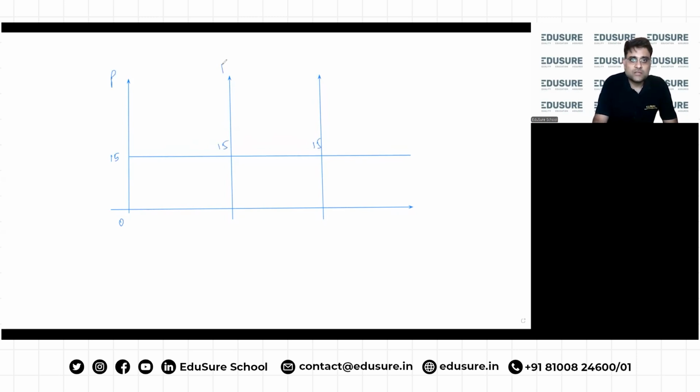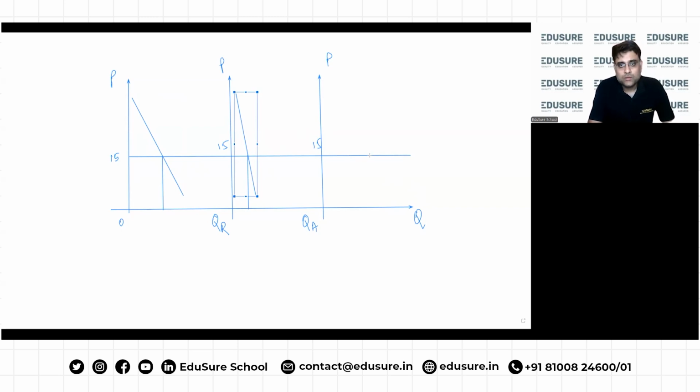This is basically the price, and this is quantity of Raghu, quantity of Ahmed, and this is the total quantity. So Raghu is demanding, say, quantity 3, Ahmed demanding quantity 1. Supposing the demand curve of Raghu is this, Ahmed is this. The total demand when it comes to the market is 4. This is 1, this is 3, this is 4. So this is the market demand curve.